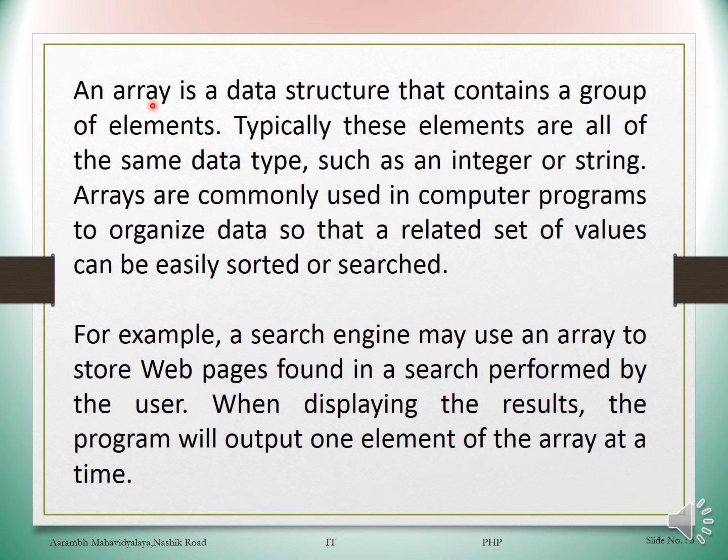That means within a single array name, we can generate multiple elements of the same data type. Typically, these elements are all of the same data type, such as an integer or string. That means we can provide numbers like 10, 20, 50, any number, or any string.